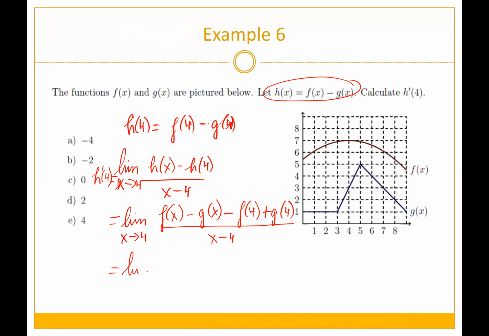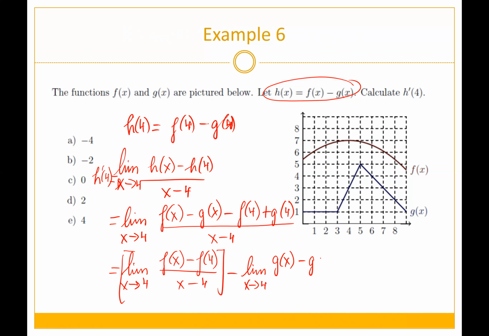Now you have two parts to take care of. The limit of x approaching 4 of f(x) minus f(4) divided by x minus 4, minus the limit of x approaching 4 of g(x) minus g(4), divided by x minus 4.